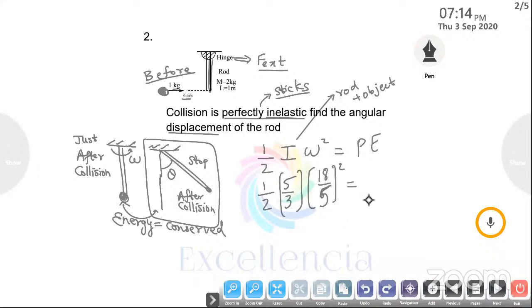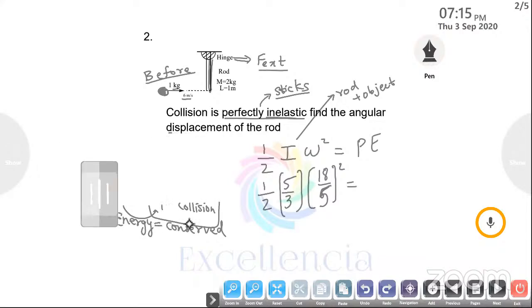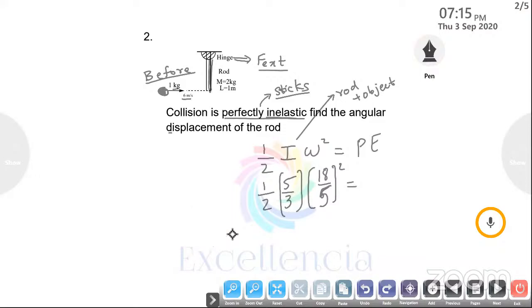Now potential energy. So let me draw the diagram for potential energy. How will it look? When the rod goes up, it takes the object with it. This is angle theta.